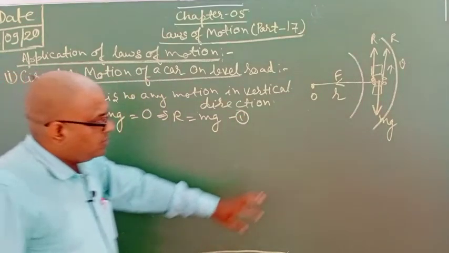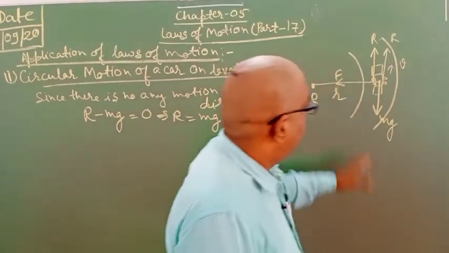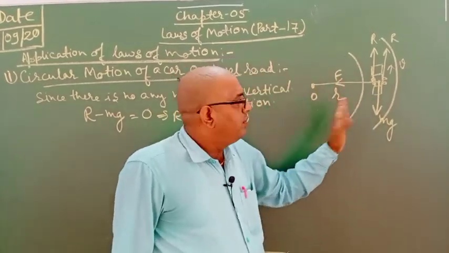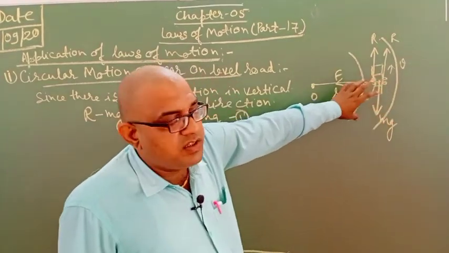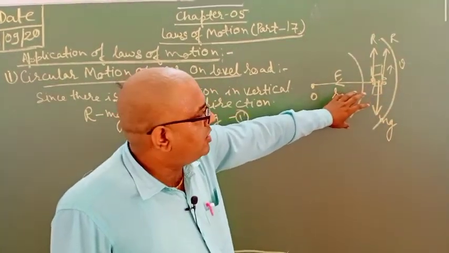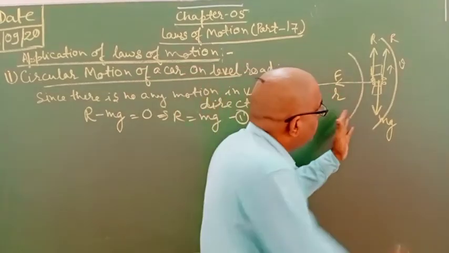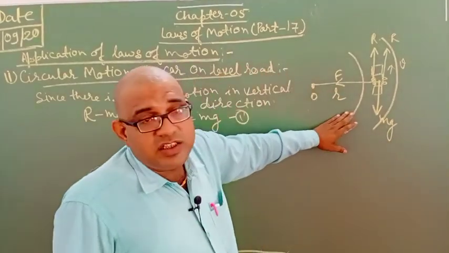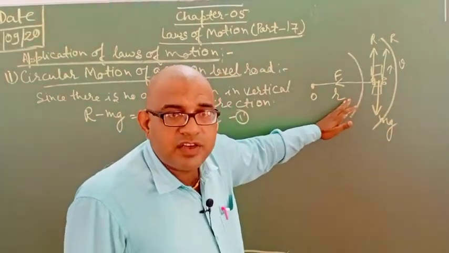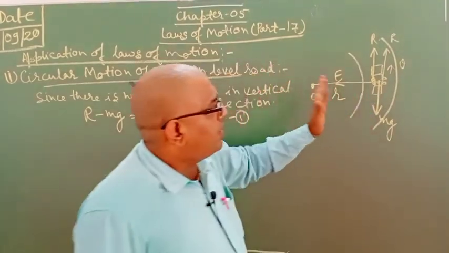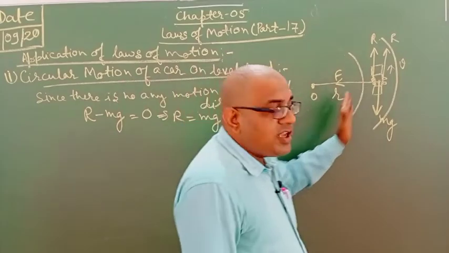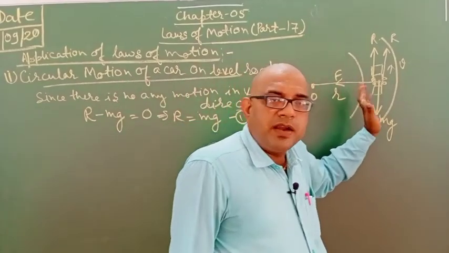Now dear students, understand here, if this curvature is not there, or if this is the curvature and the road is smooth, there is no frictional force, in that case what will happen? The car tries to maintain its impending motion.